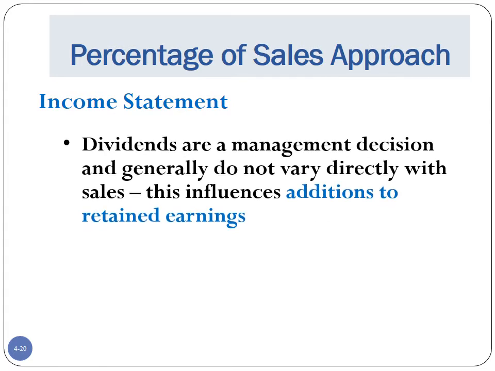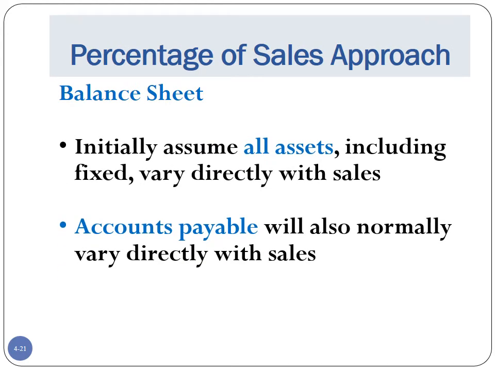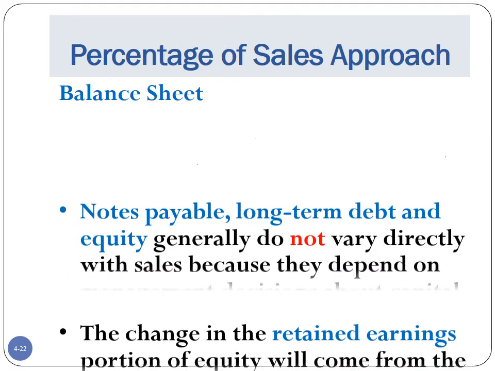Dividends are a management decision, generally do not vary directly with sales, and this influences additions to retained earnings because the money that's paid for dividends cannot go to retained earnings and vice versa. On our balance sheet, we will initially assume that all assets vary directly with sales, and the accounts payable will also normally vary directly with sales.